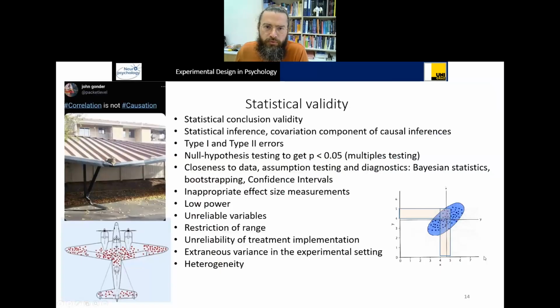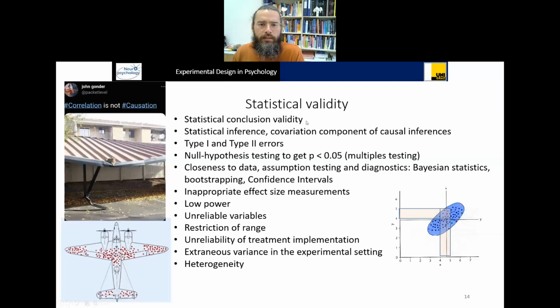Yes, so from there we can move from causal validity to statistical validity of your experiment. So what is that about? It refers to the statistical procedures you use to measure and compare your data. And it is also made up of many different subtopics.